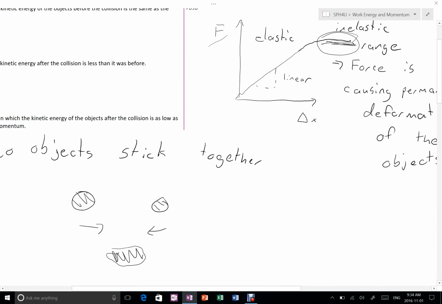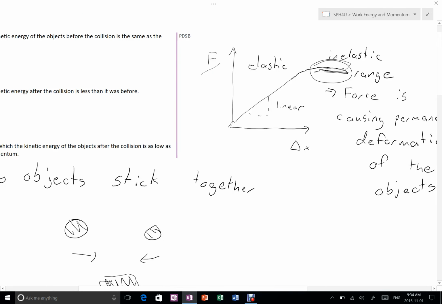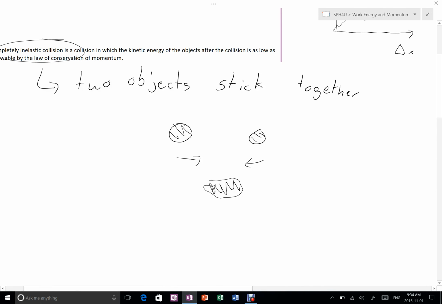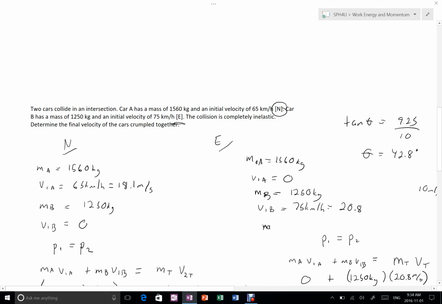And completely inelastic, you go so far into this inelastic region that the two objects stick together, and that's going to get you your lowest final kinetic energy. So if you see the words completely inelastic in a question, what you know then is that the two objects in the final state are going to stick together.